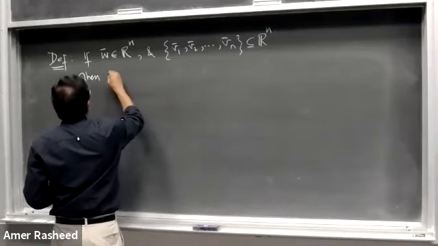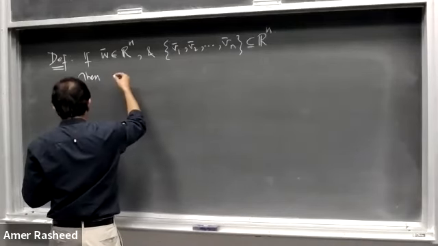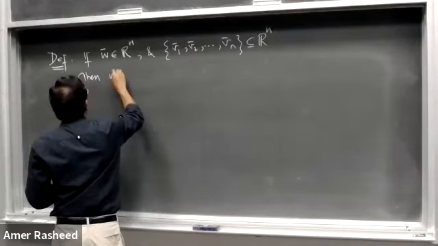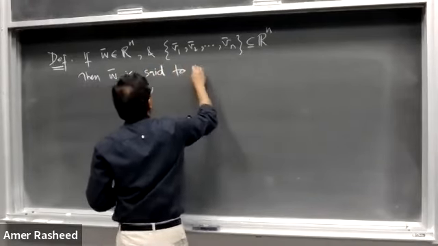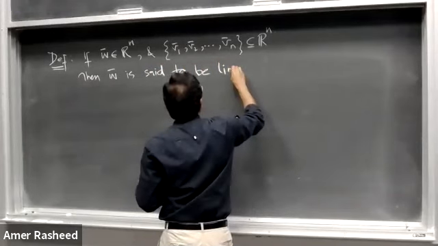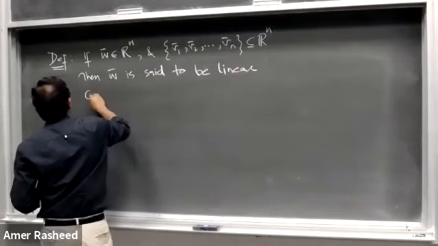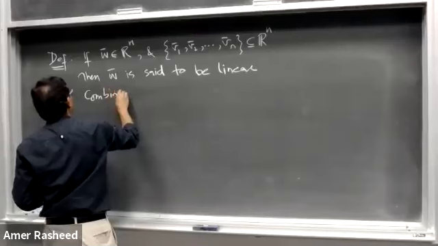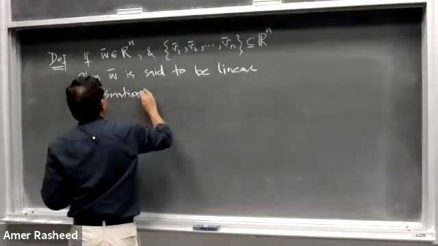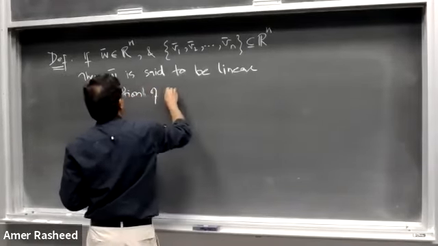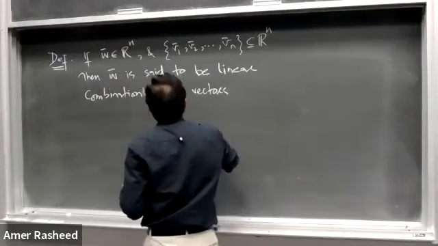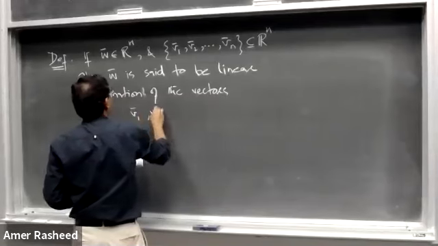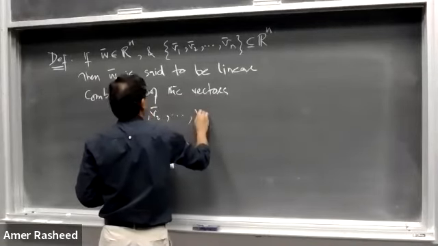Then we say that W is said to be a linear combination of the vectors v1, v2, so on, vn.